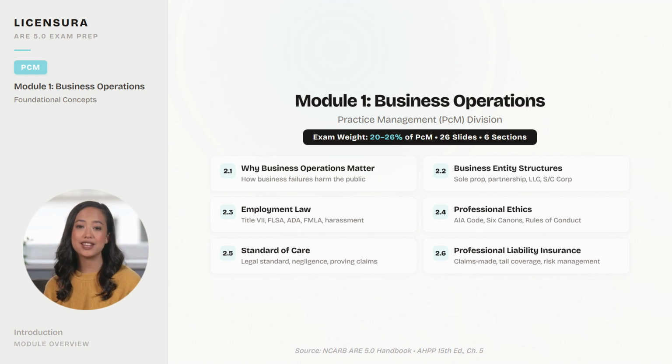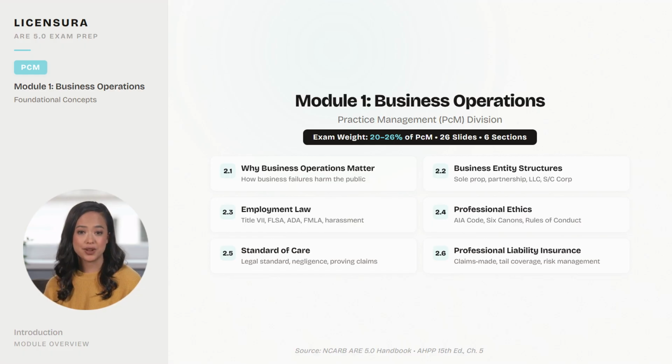We've got 26 slides across 6 sections, and I want to give you a quick roadmap so you know what's coming. Section 2.1 is all about why business operations matter in the first place. We'll look at why NCARB even tests this stuff, and how business failures can directly hurt the public. Section 2.2 covers business entity structures: sole proprietorships, partnerships, LLCs, S-corps, C-corps.